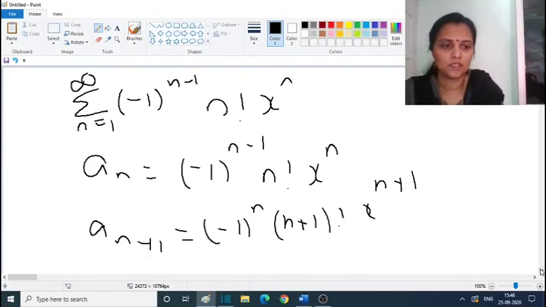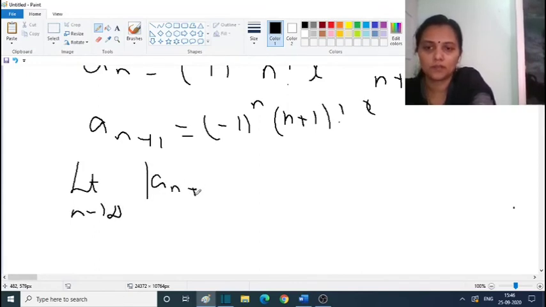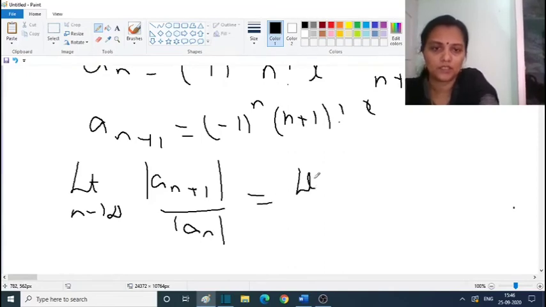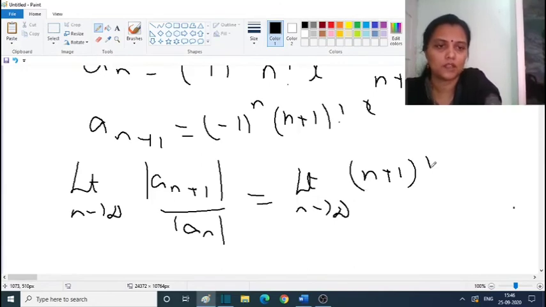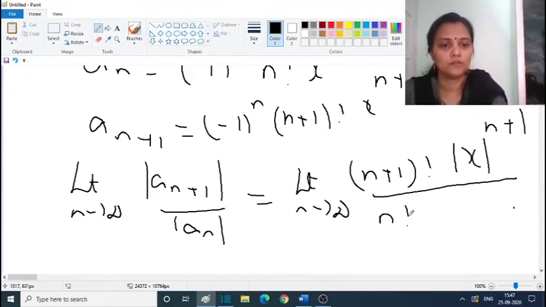So limit n tends to infinity, modulus of a_(n+1) by modulus of a_n is equal to limit n tends to infinity n plus 1 factorial, and I omitted the term minus 1 raised to n minus 1 since we take the modulus value.